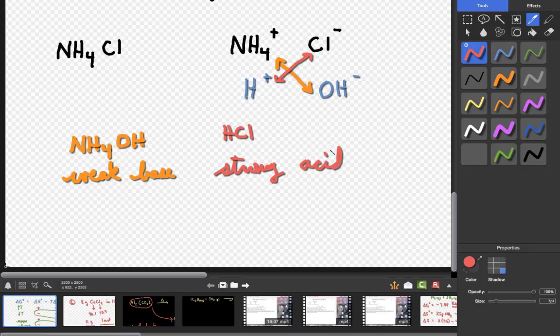The bottom line is the strong acid has a greater effect on the pH than a weak base. This completely dissociates, this one does not. Therefore, this is going to be an acidic solution when I dissolve ammonium chloride in water. And so you can go through that process for any salt to make those types of predictions.